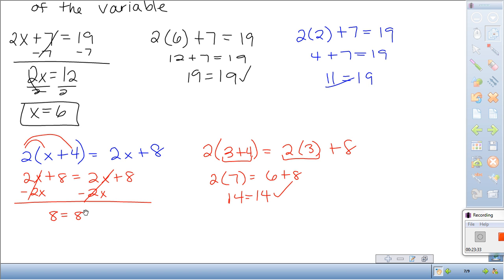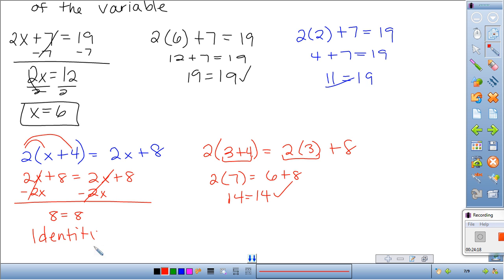But when it's a special equation like an identity, you won't even find an answer for x. You won't end up with x equals anything, because there isn't just one number that x can be. It can be any number you could ever think of. It has an infinite number of answers. So by the way, the answer on this equation would be simply identity.